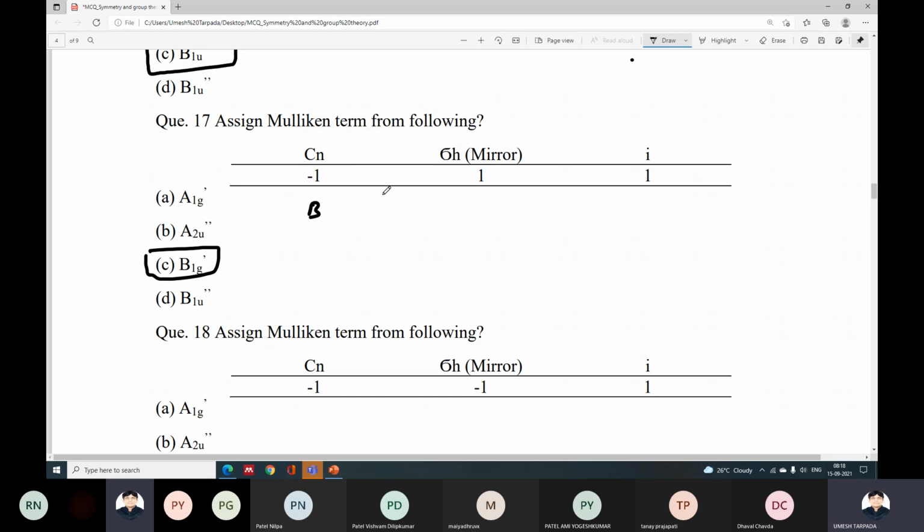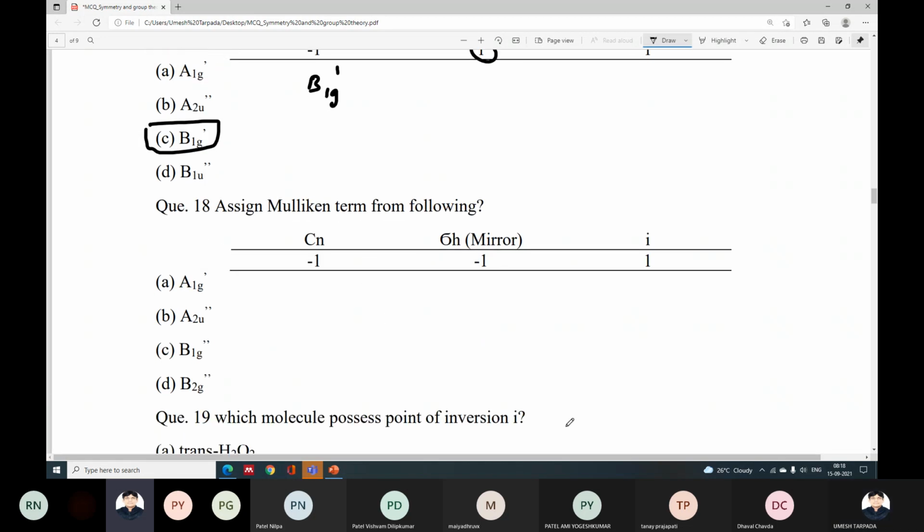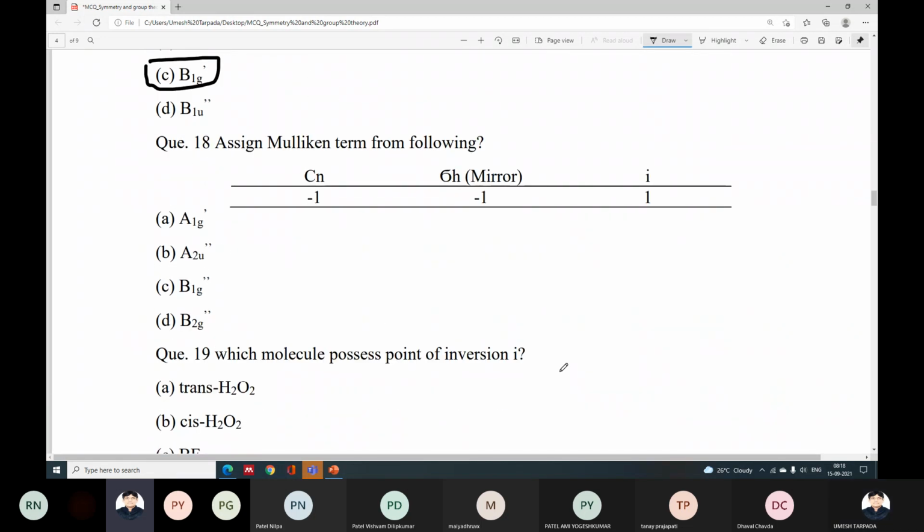Because C is -1, so B, here 1, so you can take 1. And here single dash will come, since it is 1, and I is 1, so it is symmetric, so gerade. What about 18? B2G double dash. Here both are -1, so B and B2. Next will come G and double dash, since it is -1, correct.